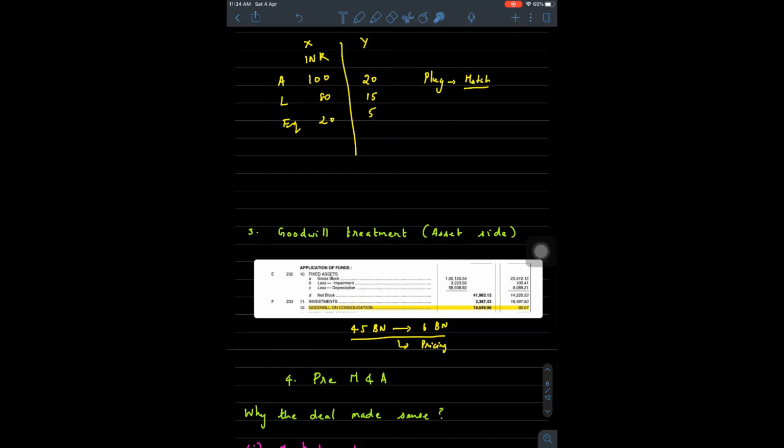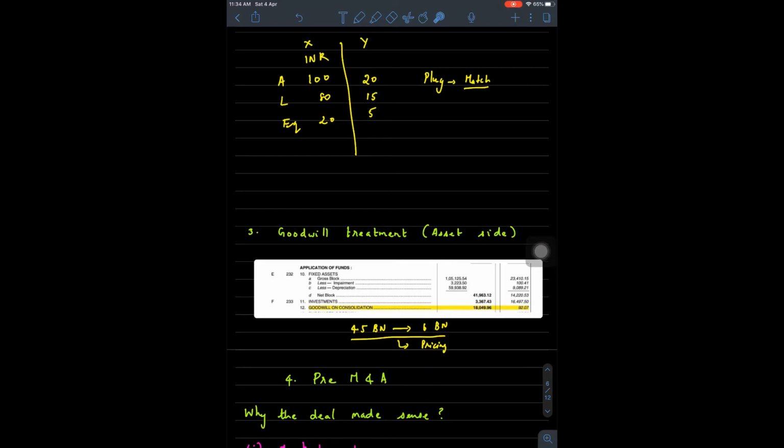Moving on to the asset side. Financing was all about the liability portion of the balance sheet. In the asset side, all the assets of Corus will obviously get recorded, which will be pretty straightforward and driven by standard accounting methodologies. What is slightly tricky is the plug utilized to balance the statement, which is goodwill. The plug is called goodwill.